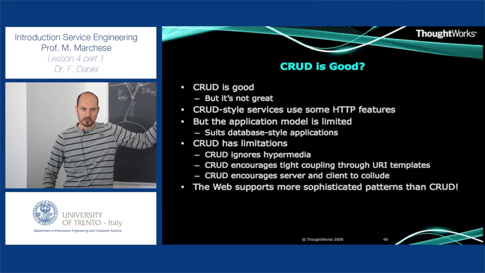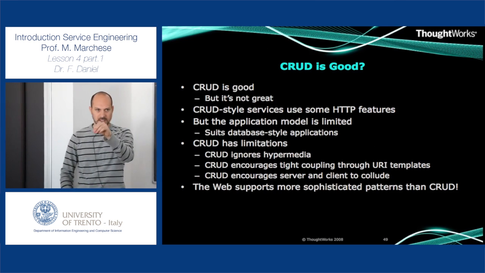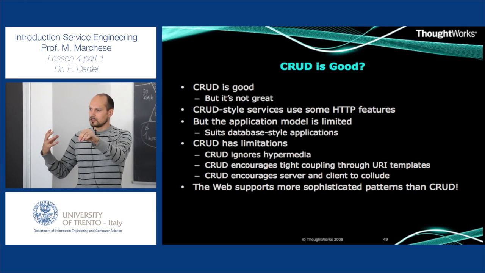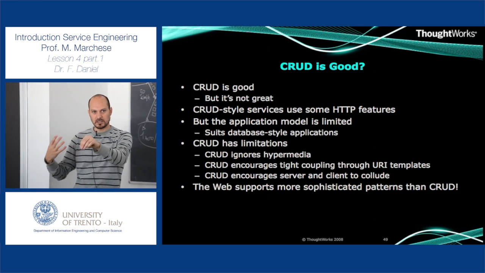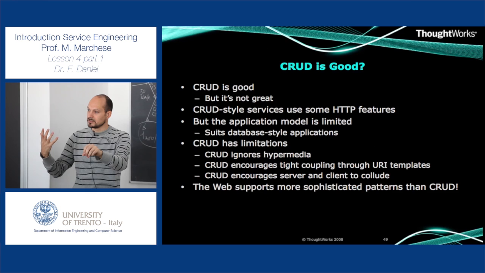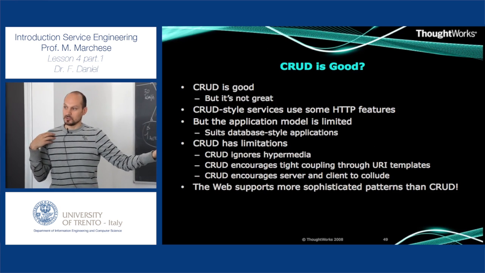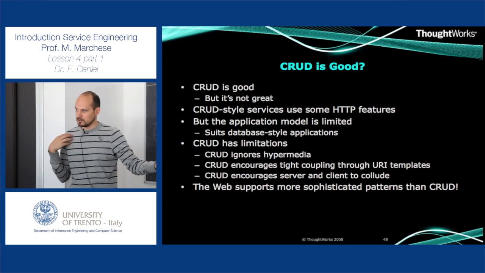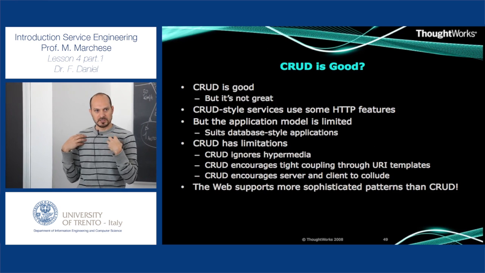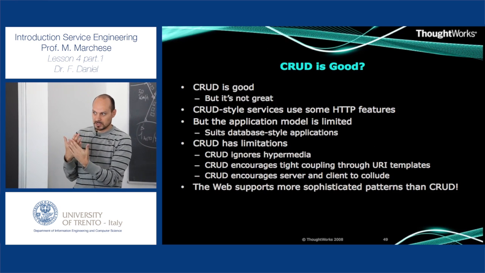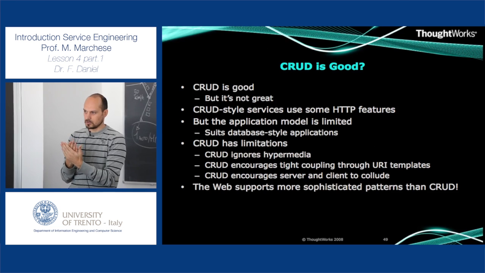So server and client collude. This means the resources are there on the server. You get the representation of it, and you think the resource is in one state, like created. And then you want to update it. But in the meantime, somebody on the server did something, for example, deleted the resource. But you are not aware of this, because you only remember what you did last time, and you have your representation on your machine.